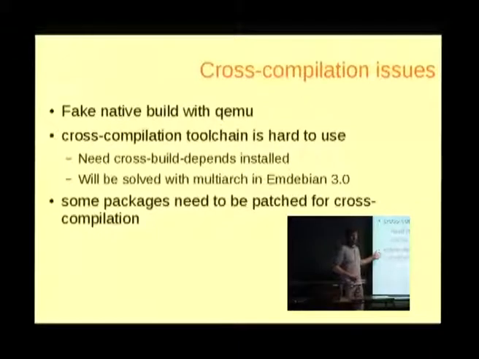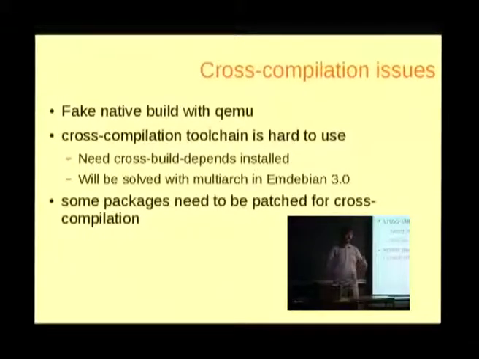And then there is always an issue that the upstreams typically don't care about cross-compilation. And so you need to add patches to support cross-compilation in the first place. The upstreams will typically hard-code paths to /usr/lib, for instance, or /usr/include. So you're pointing to the wrong development files.